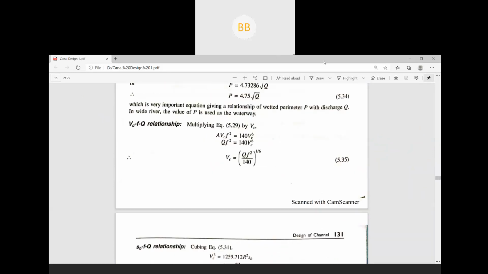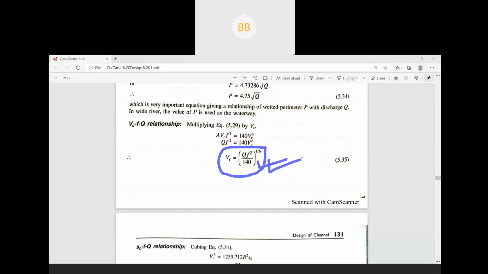You write down this expression: that velocity you are going to find using vc is equal to (q f square divided by 140) to the power 1 by 6.